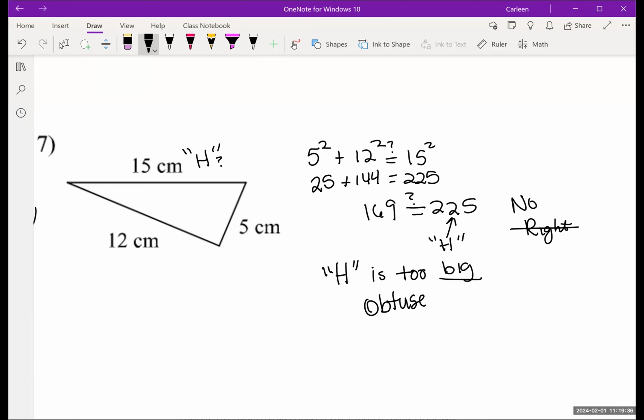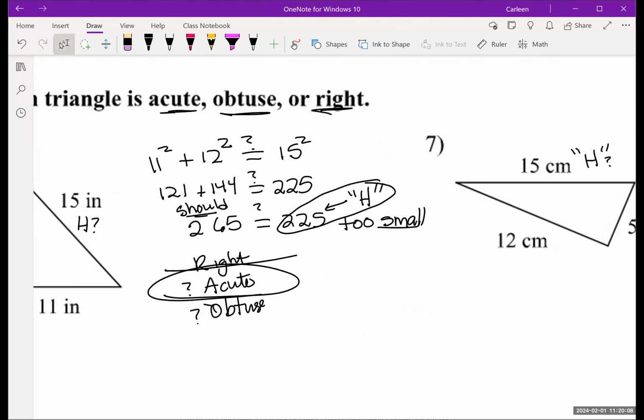Now, I'm the only one that says if H in quotes is too big, it's obtuse. This is what the world says. It's obtuse because A squared plus B squared is less than C squared. That means the hypotenuse is too big. Yeah, you getting the hang of this?